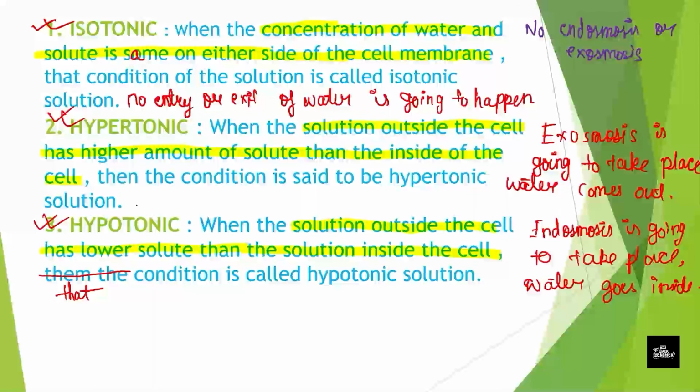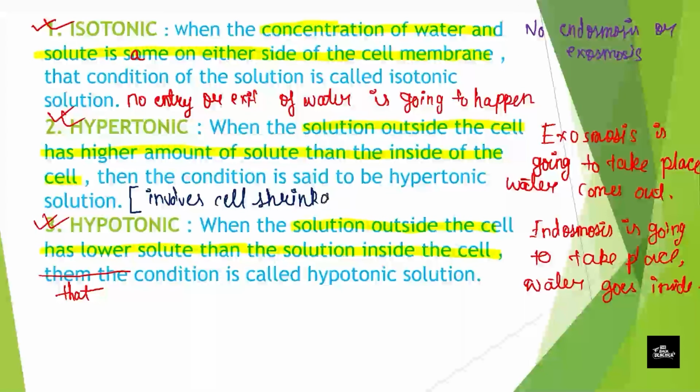One more very small thing I need to mention. In the case of hypertonic solution, you noticed in the previous diagram that the cell contents were shrinking. So that means hypertonic condition involves shrinkage of the cell. I'm going to write it so that you never forget. Hypertonic solution involves cell shrinkage.